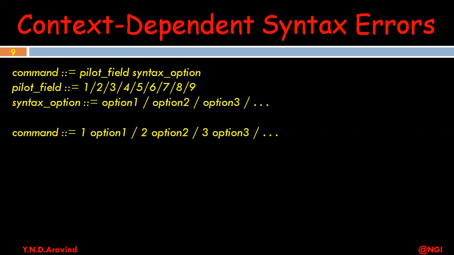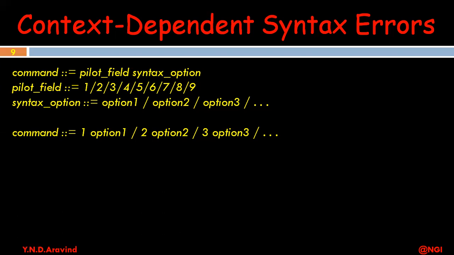Here the specification further states that the option must be preceded by 1 as the value of the pilot field. Actually it would have been better if we had specified it by writing it like this: command = 1 option 1, 2 option 2, 3 option 3.